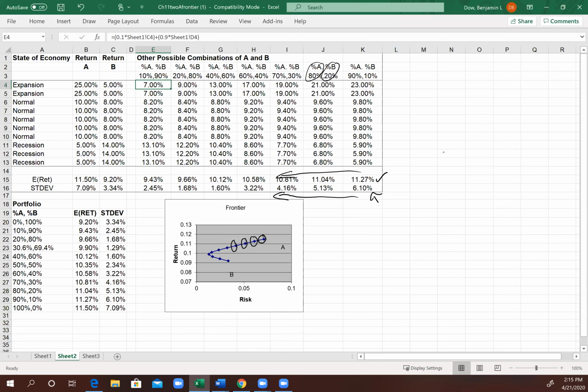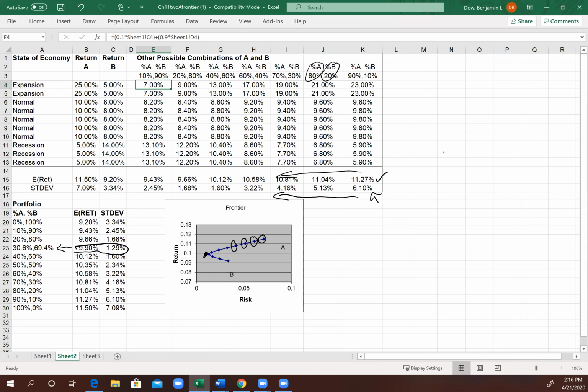At some point in time, we hit a point. That's our minimum variance point. Our minimum variance point, remember, was 30% stocks and 70% bonds, roughly. This is our minimum variance point.